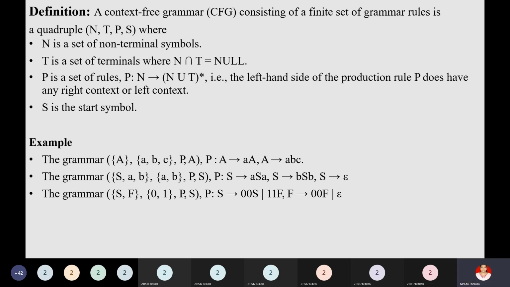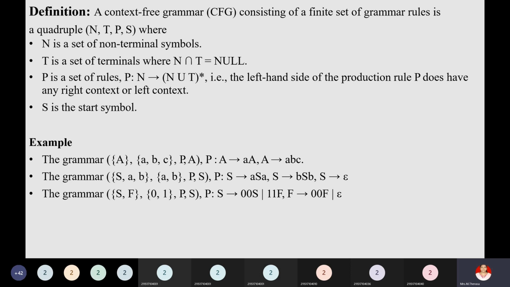You know that the context-free languages are generated from the grammar called context-free grammar. This grammar contains four tuples, the quadruple N, T, P, S, where N is the set of non-terminals, T is the set of terminals, and N and T are disjoint sets.